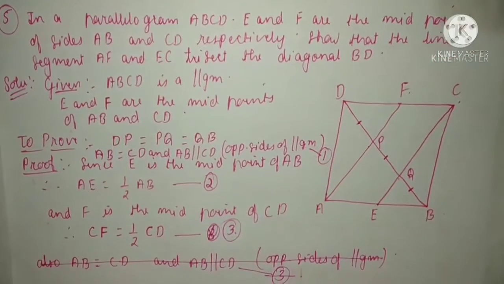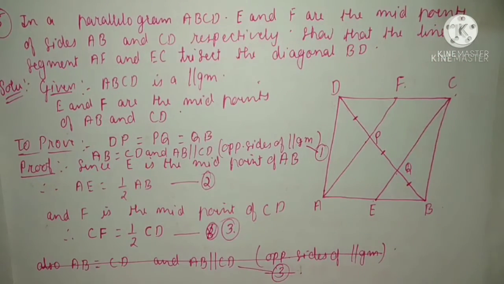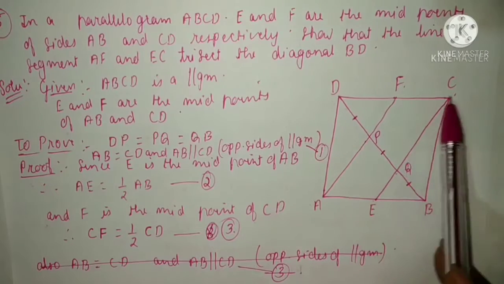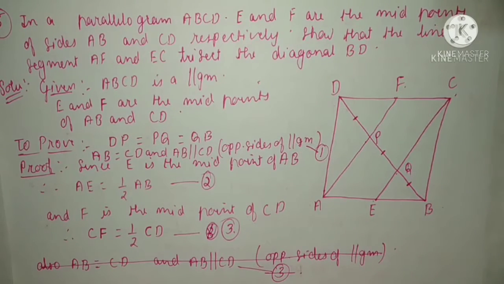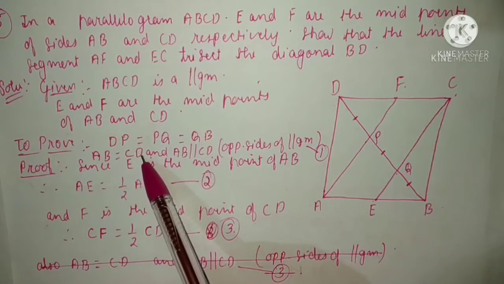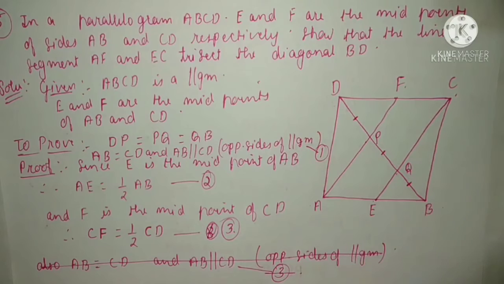First of all, it is given to us that ABCD is a parallelogram. Now if ABCD is a parallelogram, then AB will be equal to CD and AB will be parallel to CD. Okay, so we have written AB equals CD and AB parallel to CD. Reason is opposite sides of a parallelogram.